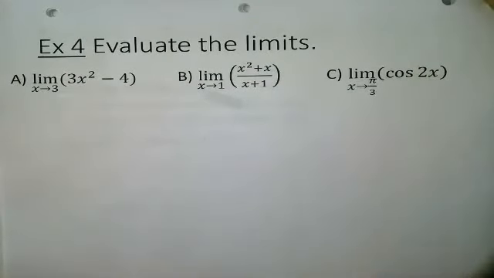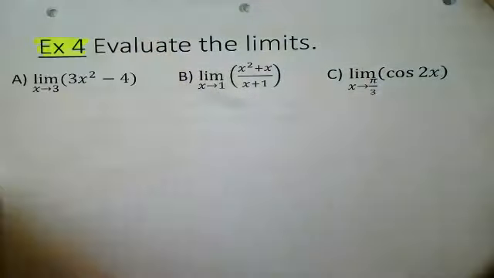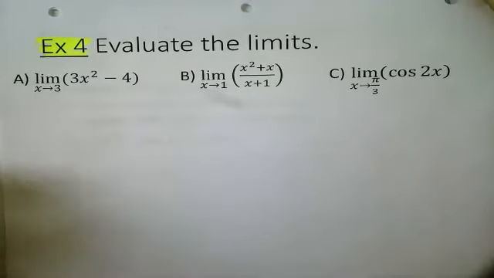So example 4, evaluate the limits. Again, if we have this graphical understanding of limits, then if I can think about the graph or use the graph to help, then that's a great thing that we could do here.